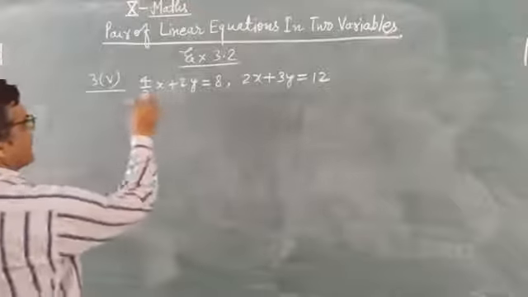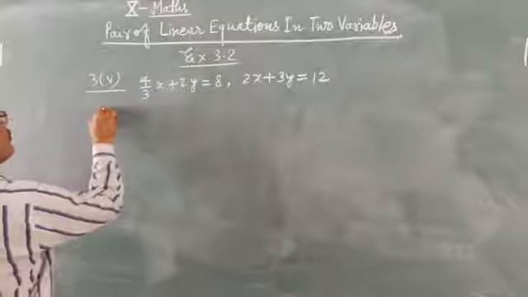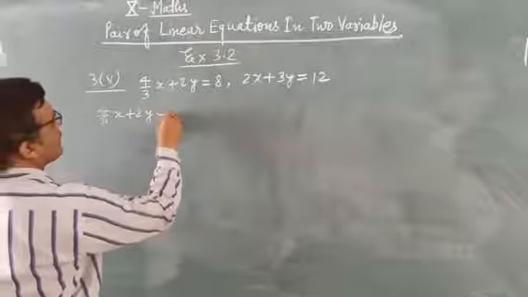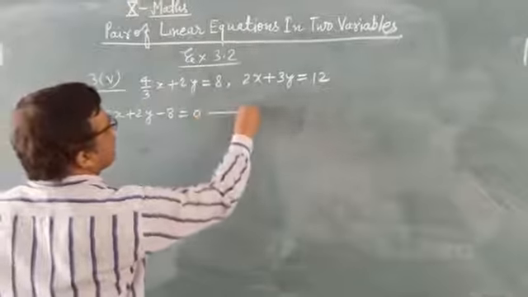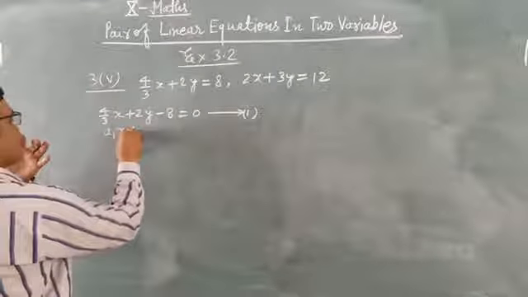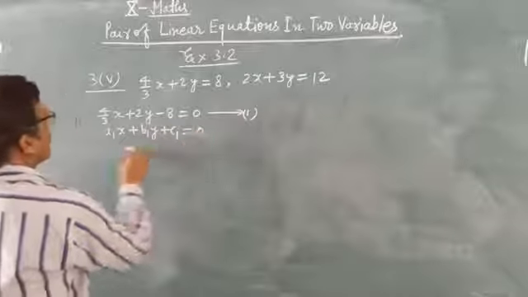Now the given equations are 4/3x plus 2y minus 8 equal to 0. This is the first linear equation in two variables. Now we compare it with a1x plus b1y plus c1 equal to 0.